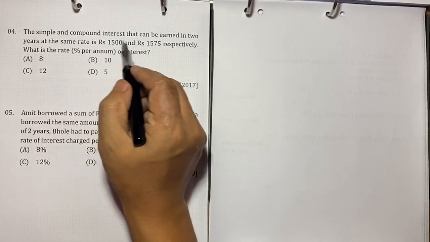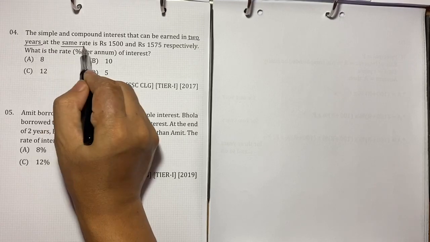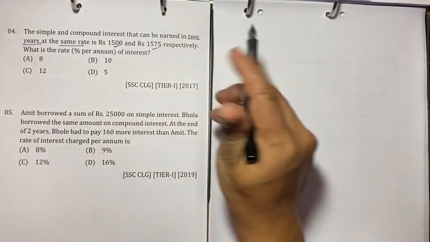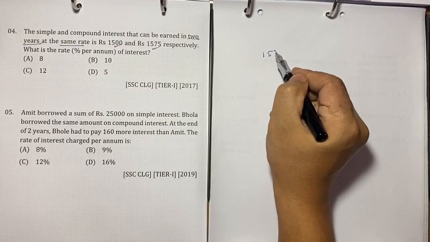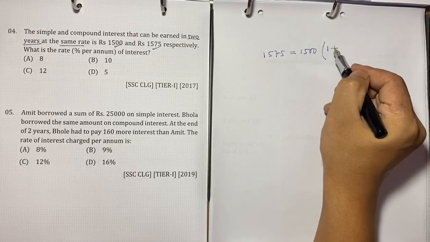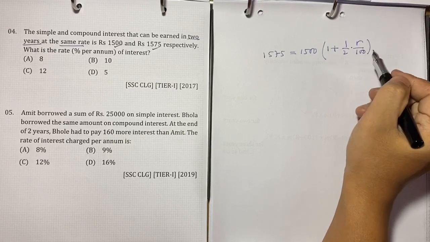The simple and compound interest that can be earned in 2 years at the same rate are 1,500 and 1,575. What is the rate? Since we do not have the difference, we have only one formula: compound interest equals simple interest into 1 plus half into R%, R divided by 100.